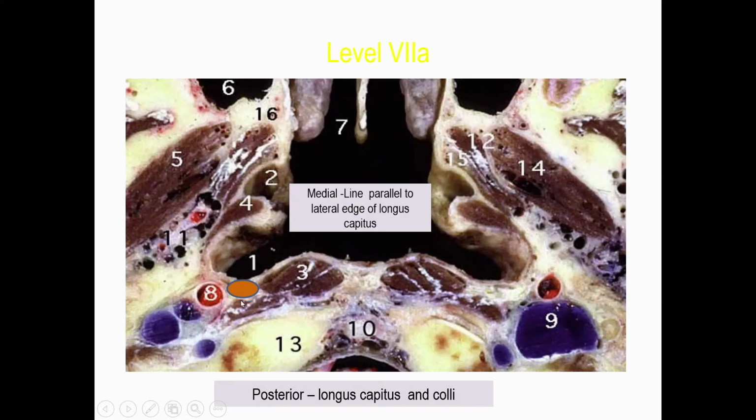Then you need to know the limits that I have discussed already. The lateral limit of the retropharyngeal node is the medial edge of the internal carotid artery. The posterior limit is the prevertebral muscle.